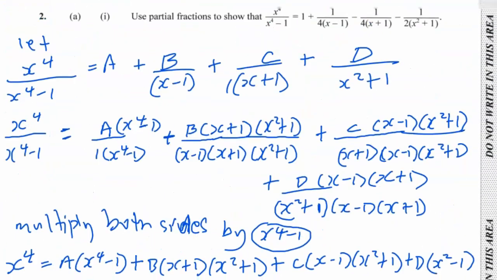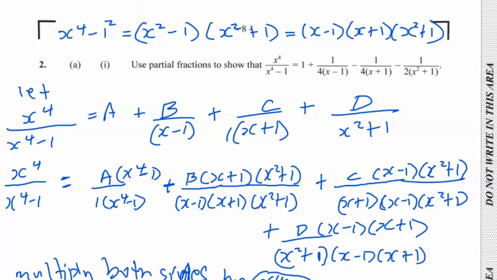So let's check the proof. Notice, we just found a to be 1, b to be a quarter, and c to be negative a quarter, and d to be negative a half.